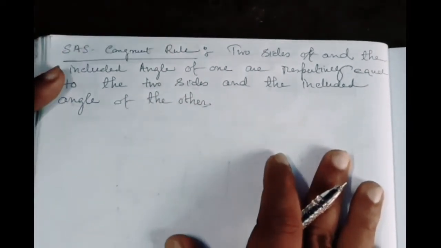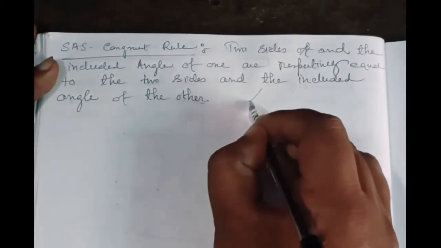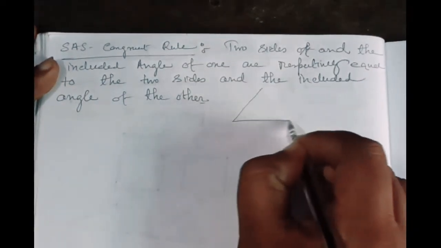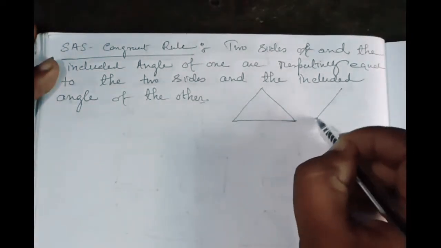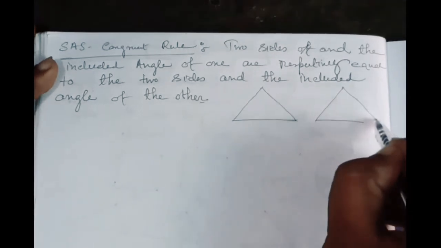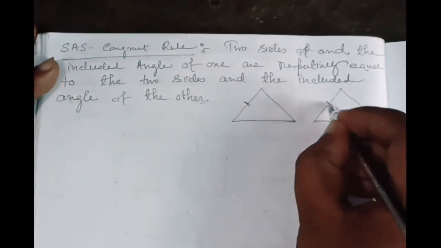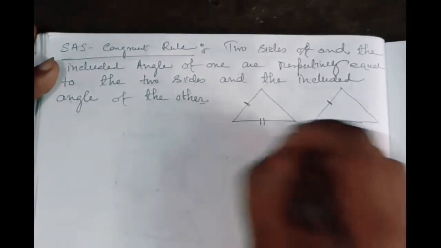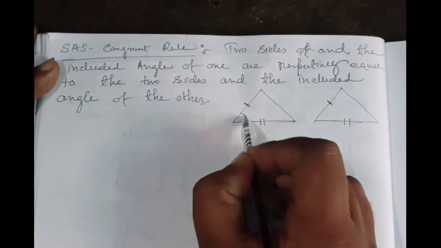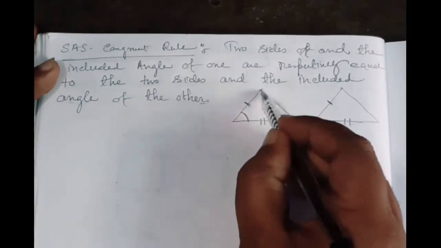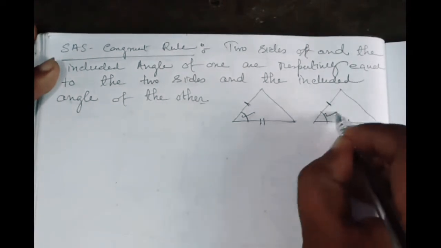Understood? That means suppose we are taking two triangles, this triangle and again this triangle. Now, if this side is equal to this side and this side is equal to this side, then the included angle, meaning the angle formed by these two sides, will be equal to this angle.